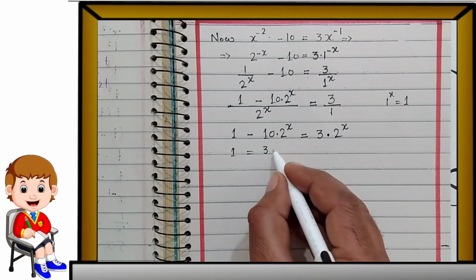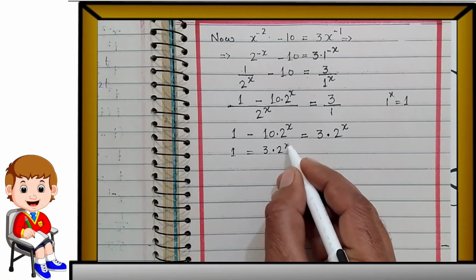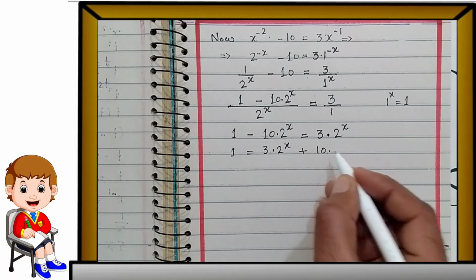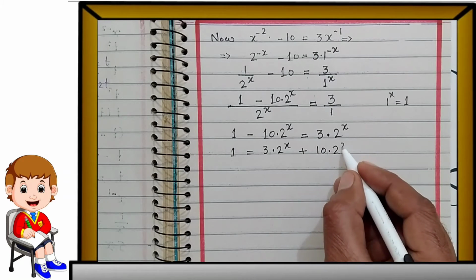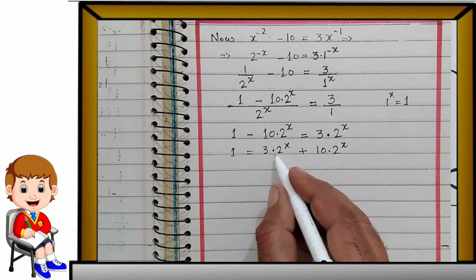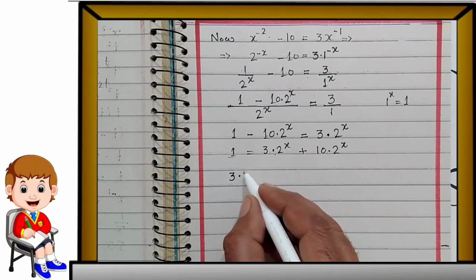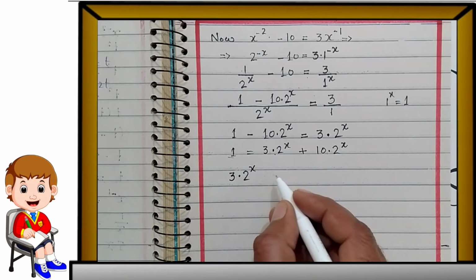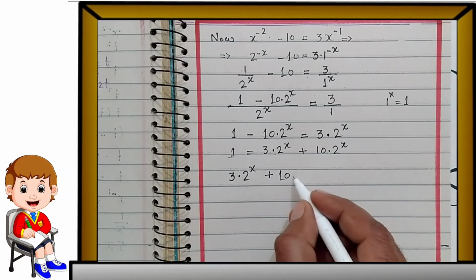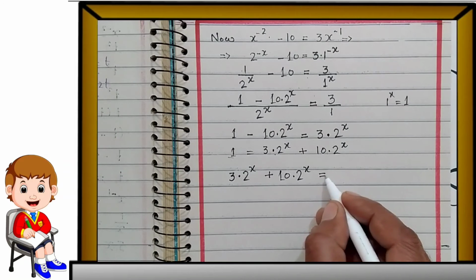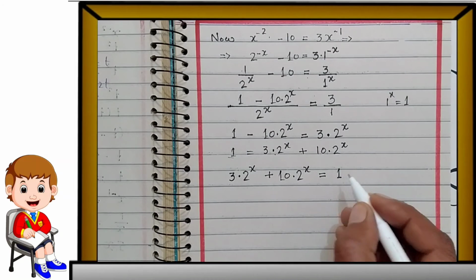Here 1 is equal to 3 dot 2 raised to x plus 10 dot 2 raised to x. Now in standard form, 3 dot 2 raised to x plus 10 dot 2 raised to x is equal to 1. It is in the standard form.